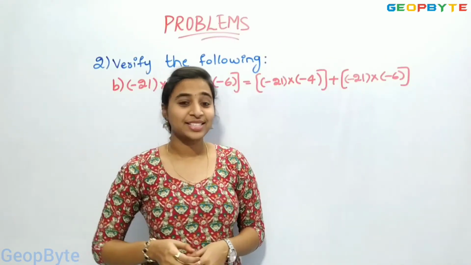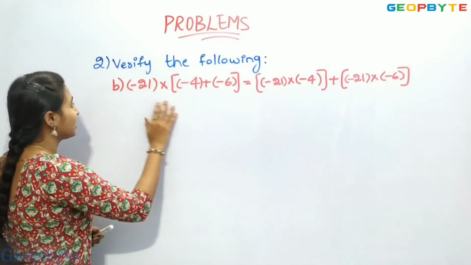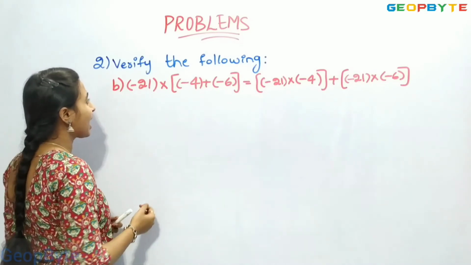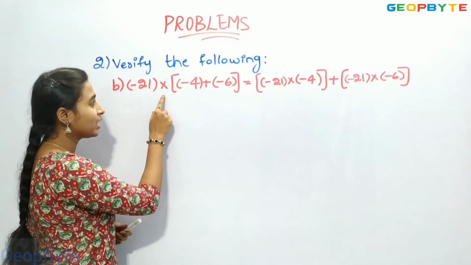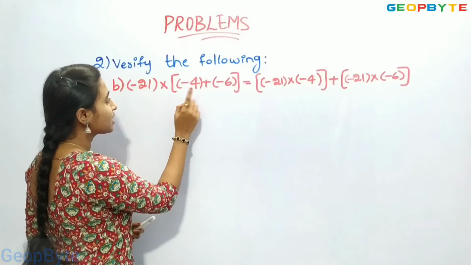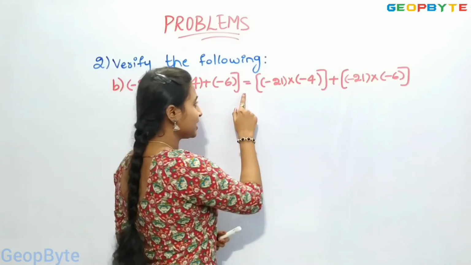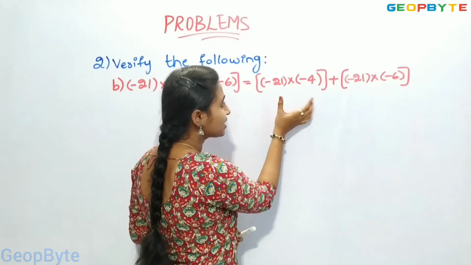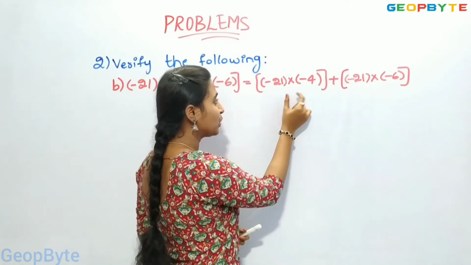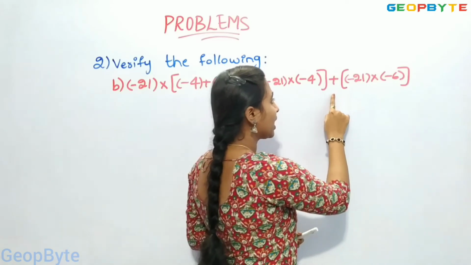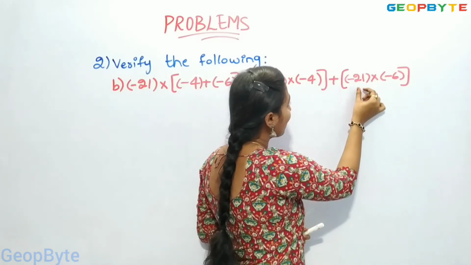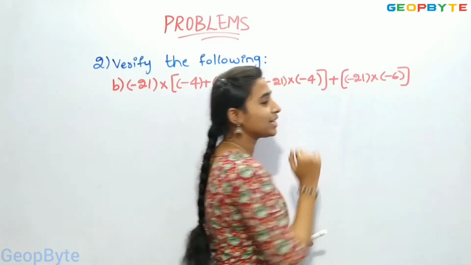Now, let us see another question, that is B bit. We have minus 21 into in brackets minus 4 plus of minus 6 is equal to in brackets minus 21 into minus 4 plus in brackets minus 21 into minus 6.